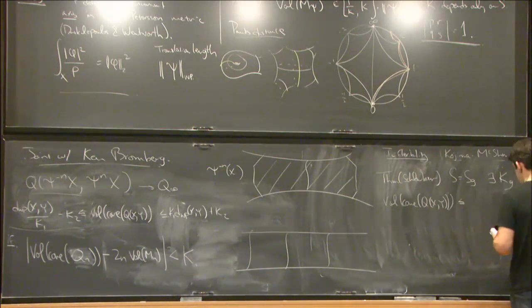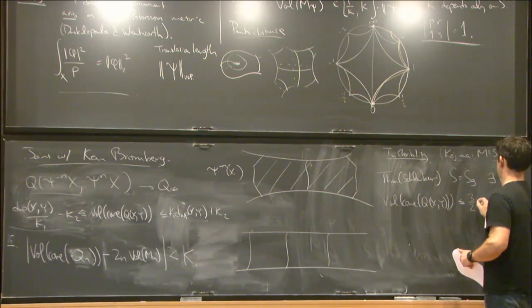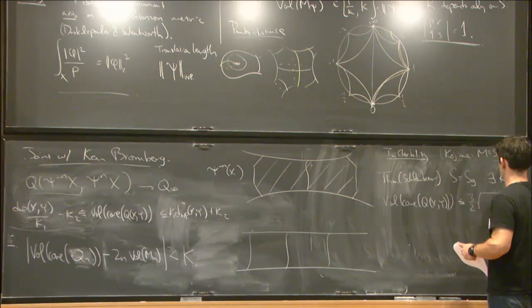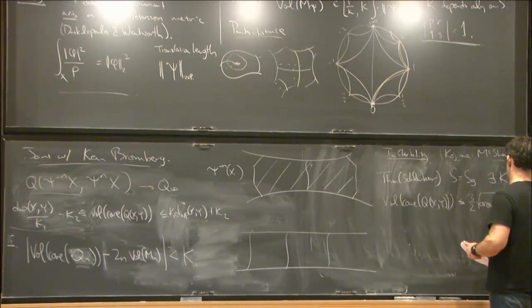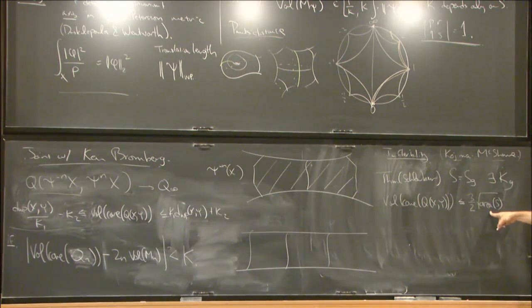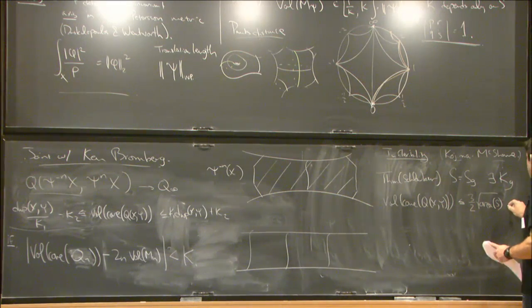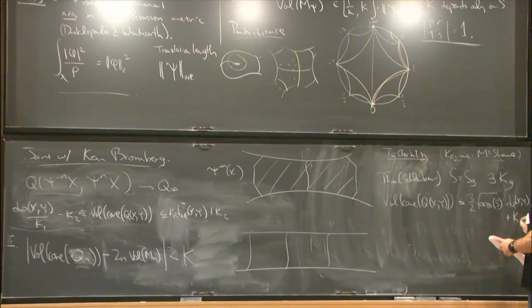So we have an explicit bound of the form 3/2 times the square root of the Poincare area. Okay, so this is just 2 pi times the absolute value of the Euler characteristic, times the Weil-Petersson distance, plus, again, some additive genus constant.